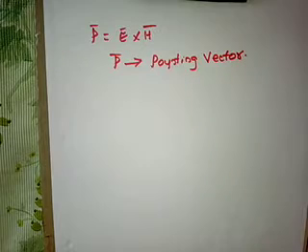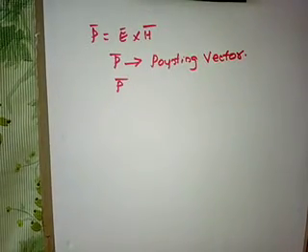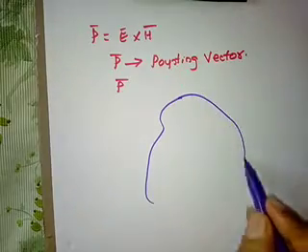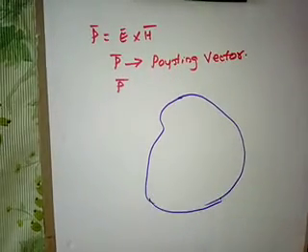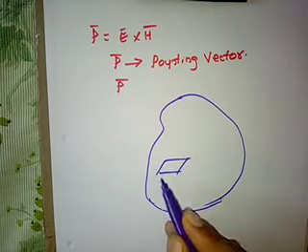P bar is called the Poynting vector, and P bar gives the value of instantaneous power at a specified time. Now if we consider a surface, let us say we have a surface like this, then we have the electric field.